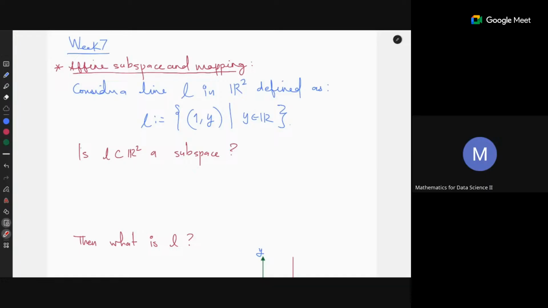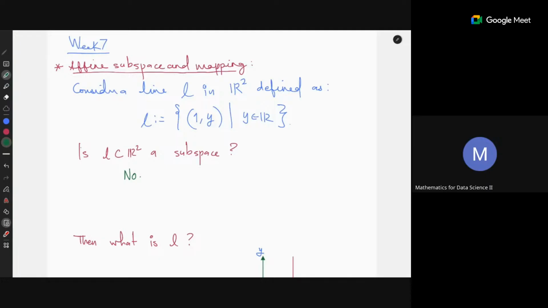Now, is this line a subspace? That means, does it pass through the origin? No. So it is not a subspace, because it does not pass through the origin.